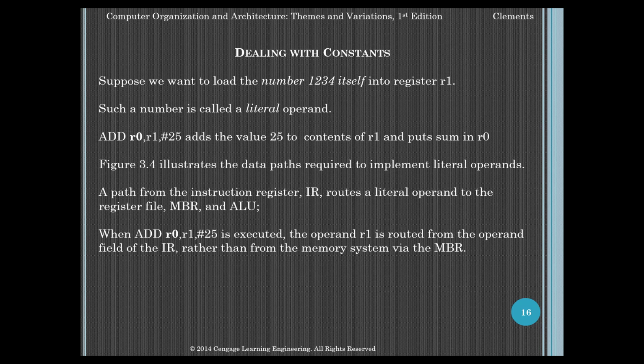In our example with the bank, we would say add R0, if that's where we want to put our sum, R1, if that holds my current bank balance, and a pound sign, hash sign, 100 as the literal value that I want to put into this operation. So it would take the contents of R1, which we said was $500, and literally $100, add them together. Now I have $600 and it puts that into R0.